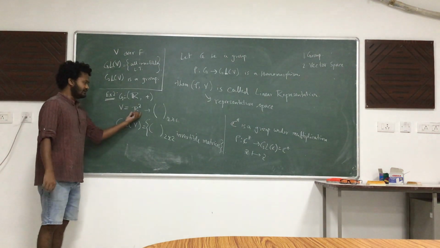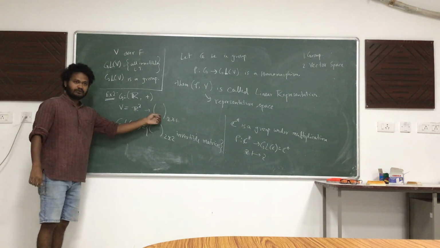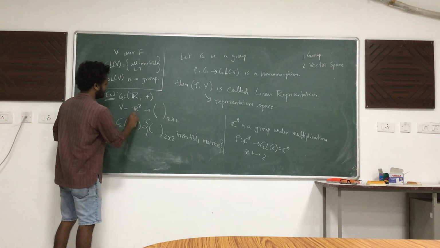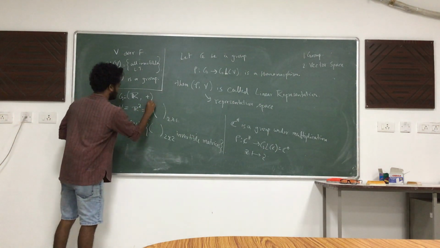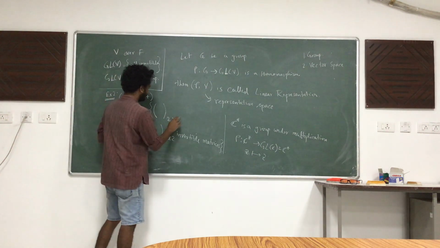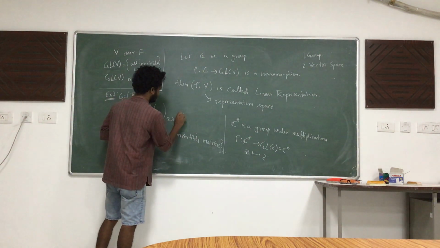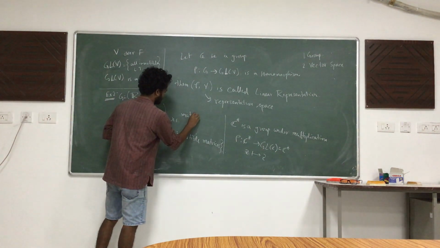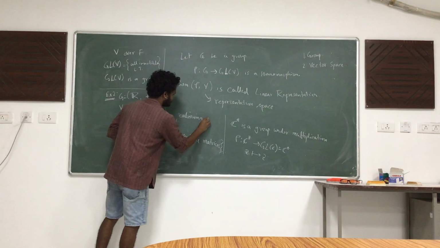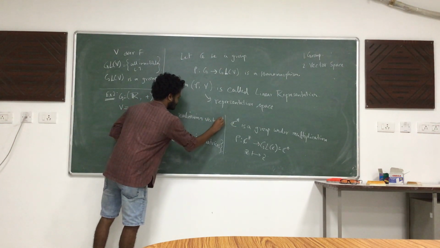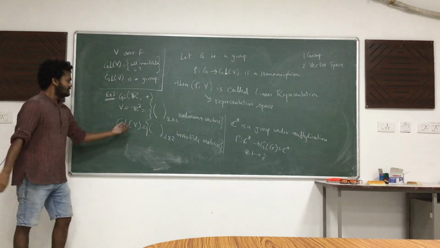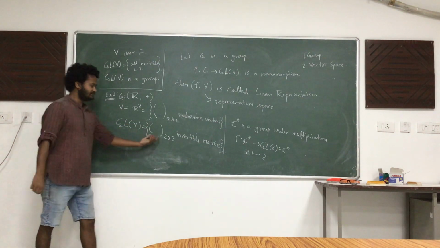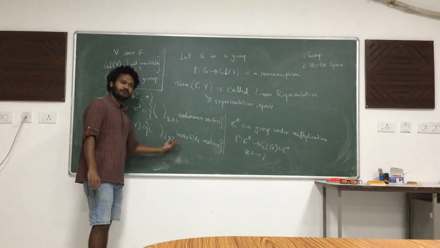Let us say V is R2, which is nothing but all 2 by 1 column vectors. In this case, GLV are basically all the 2 cross 2 invertible matrices.